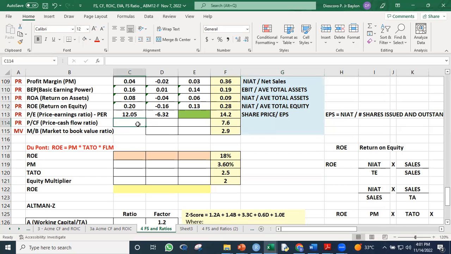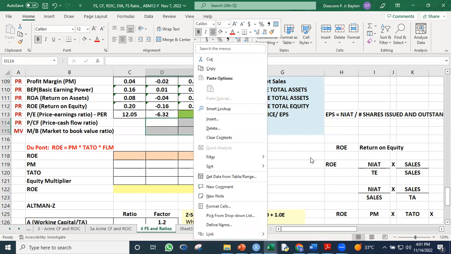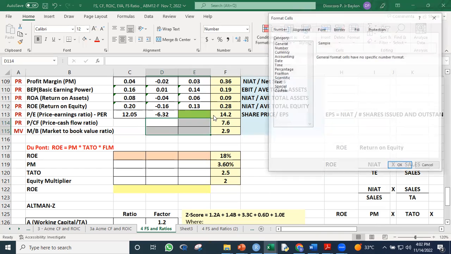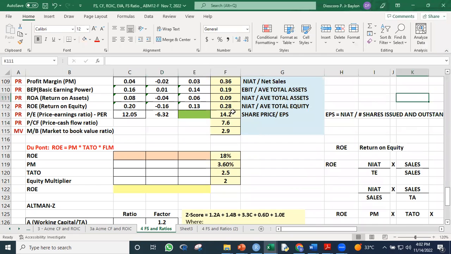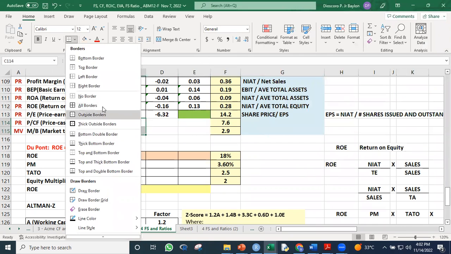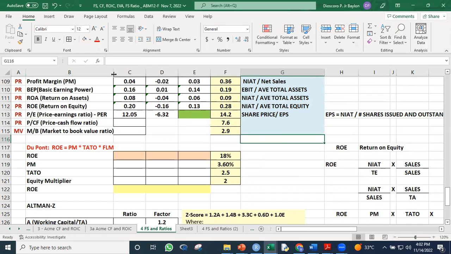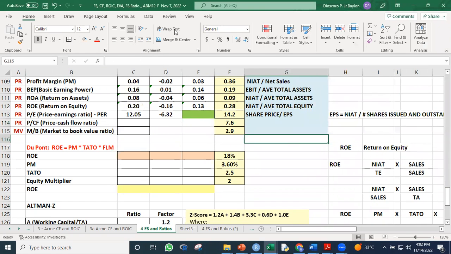Your permission is requested to extend just for 2 minutes lang para matapos na natin. Okay, so ito lang yung may border. Okay, so let me go through the formula already.